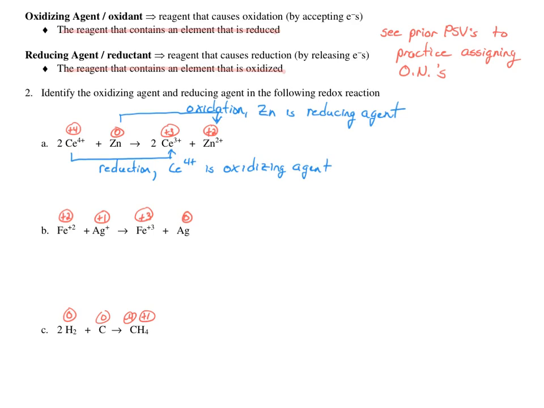In this oxidation, it releases electrons that can be used in a reduction reaction. Therefore, zinc is the reducing agent. Note that in each case, when we identify the oxidizing and reducing agent, we express the reagent exactly as it appears on the reaction side of the equation.